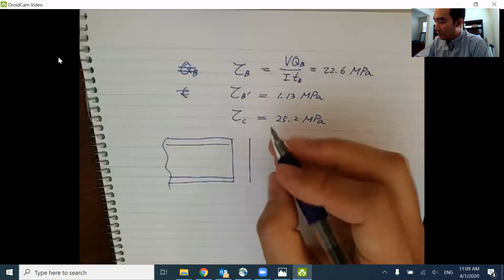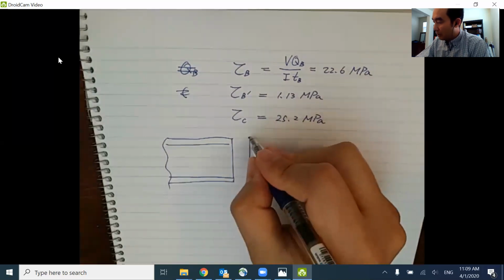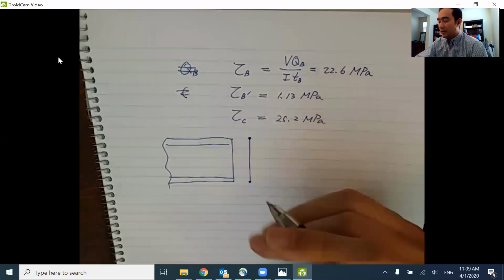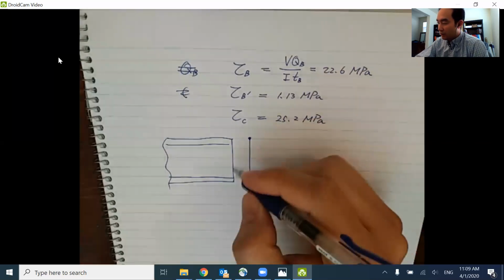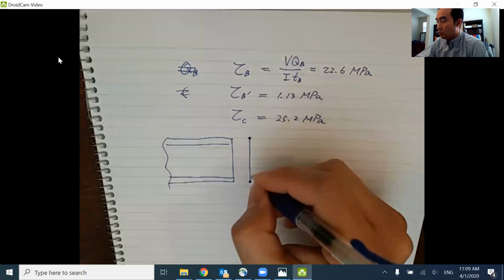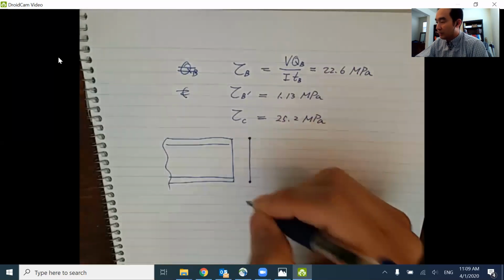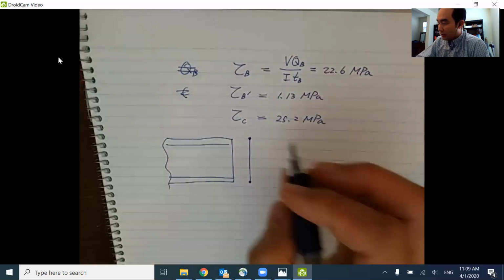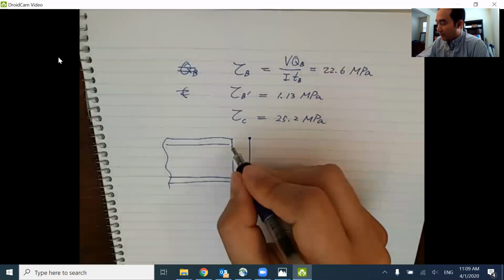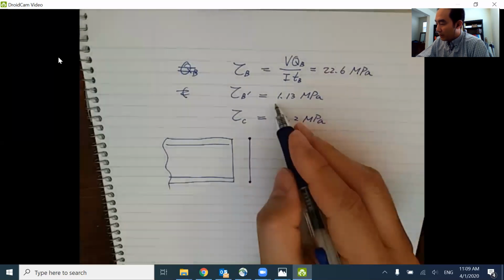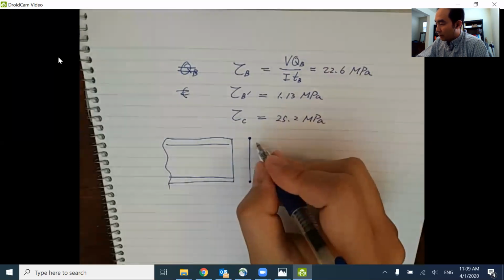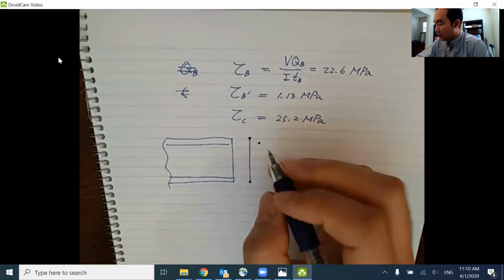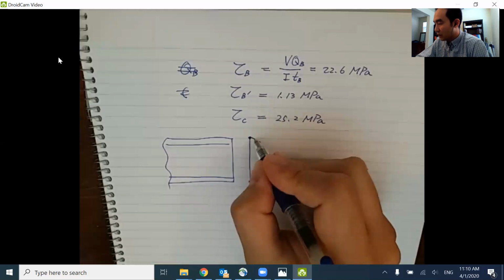For the top and the bottom of the section, you probably remember we had a long table for different points, and we realized that the stresses at the top and the bottom will always be 0 because of this Q calculation. So it will be 0, and then at the bottom of the top flange it is 1.13. And by the way, the distribution of shear stresses is always nonlinear, so I'm going to use this kind of curved shape.